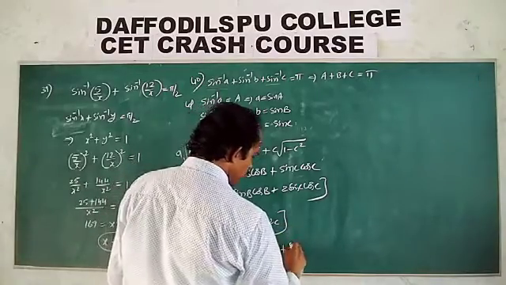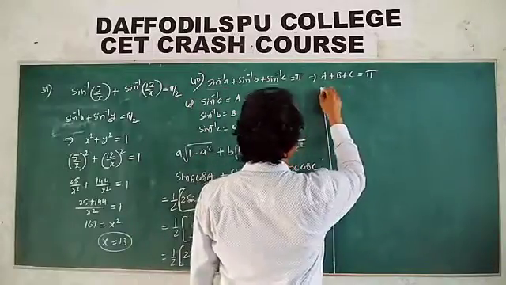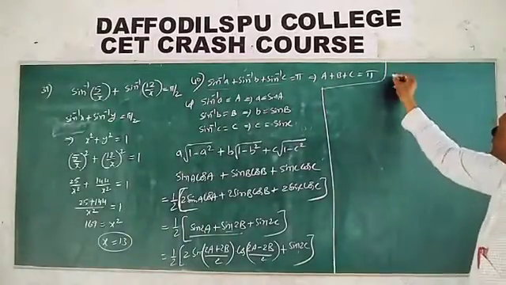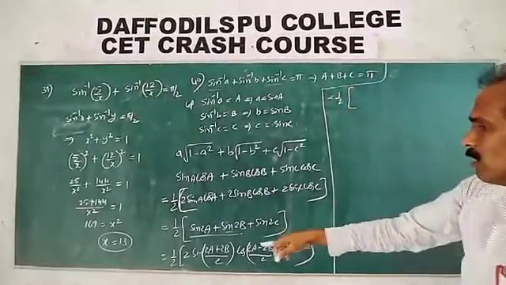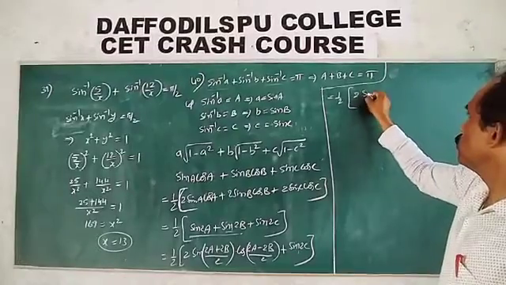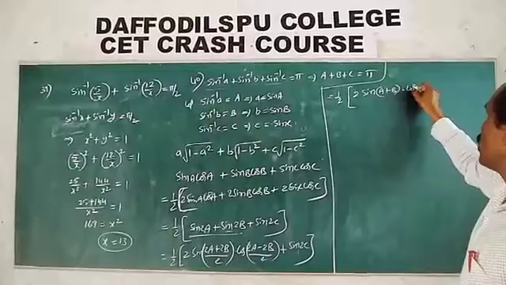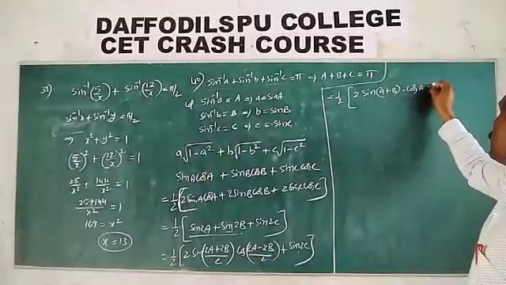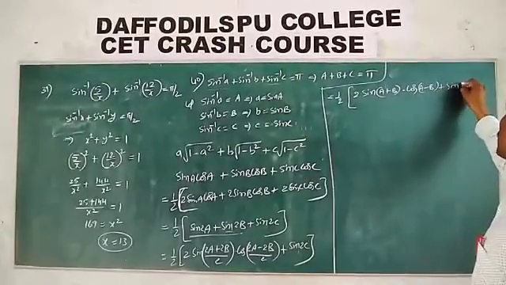Sin 2C can be written separately, we split it afterwards. This is equal to 1 by 2, with 2 common, 2 cancel. That implies 2 sin (A plus B) into cos (A minus B), and then sin 2C.